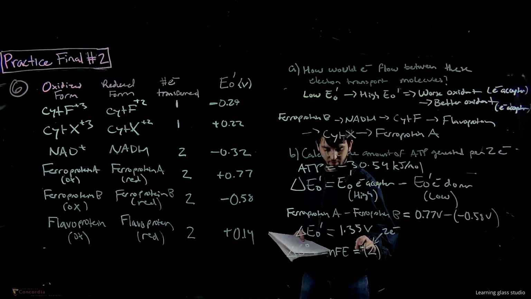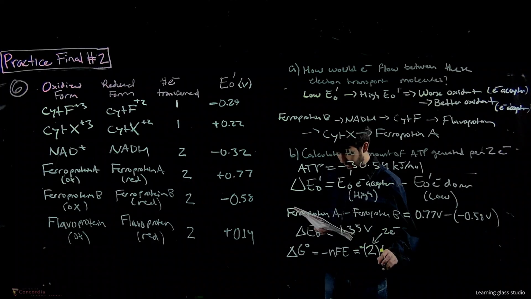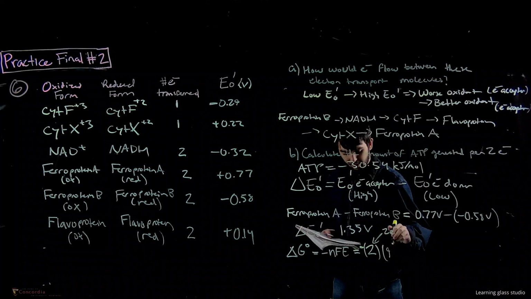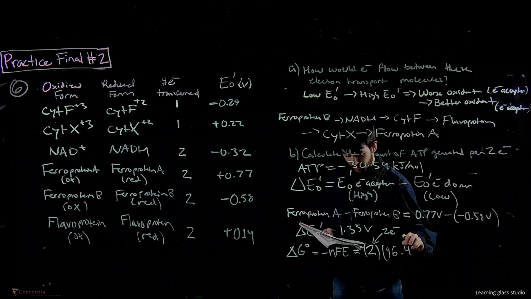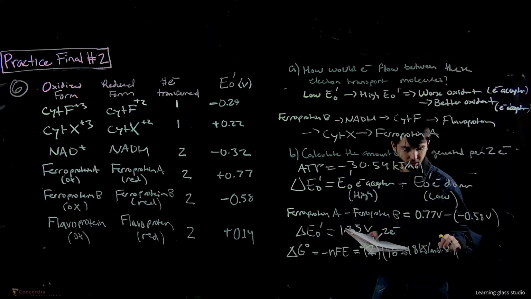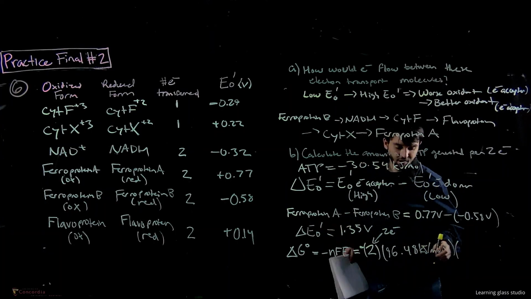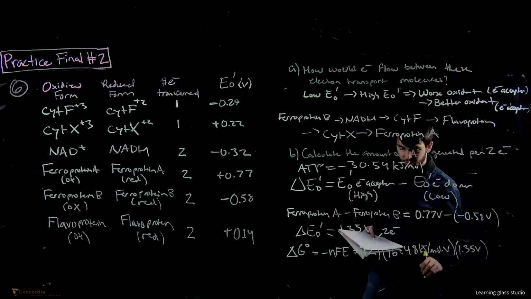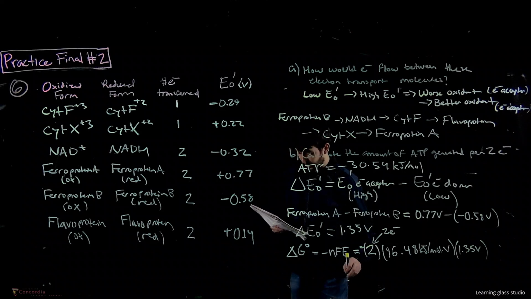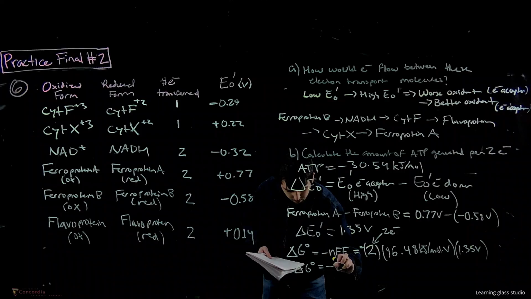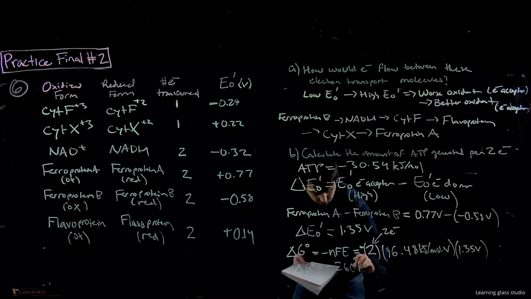Don't forget the negative. F, the Faraday constant, is 96.48 kilojoules per mole volt. And our cell potential is 1.35 volts, right? So putting this in our calculator, we get delta G equal to negative 260 kilojoules per mole.